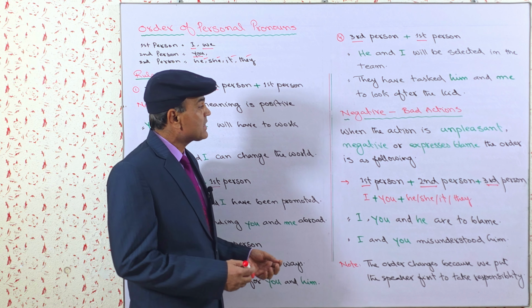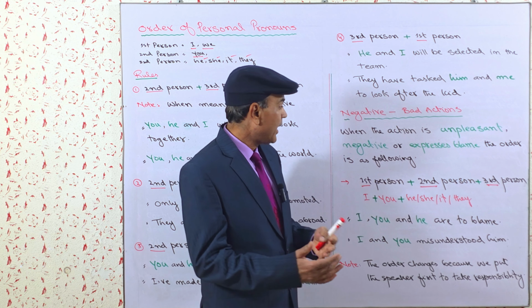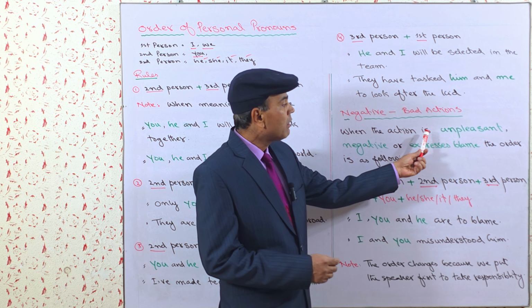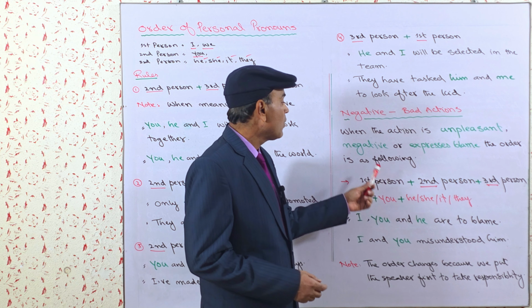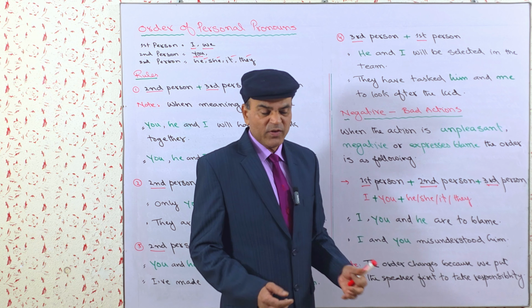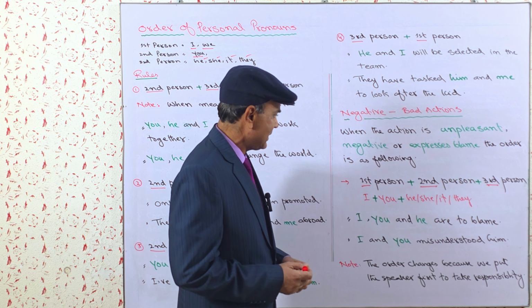But if the sense of your sentence is negative or about bad actions, then the order will be different. When the actions are unpleasant or negative or express blame, when you play a blame game, then you have a different order in your sentences.